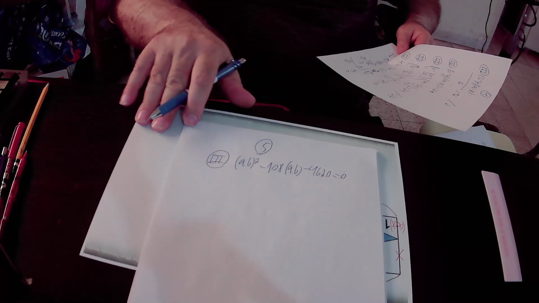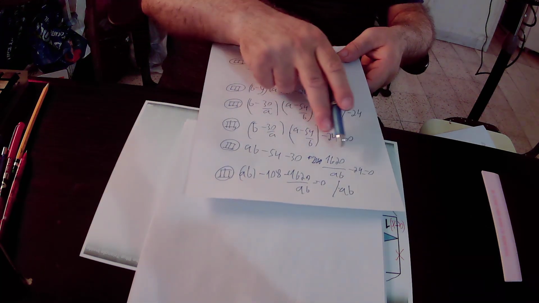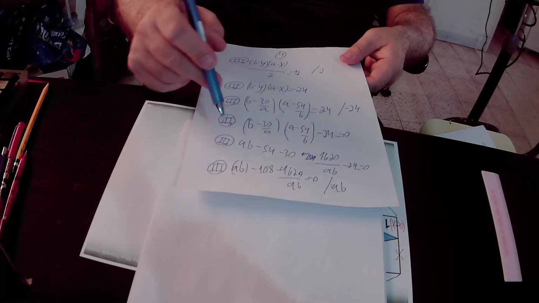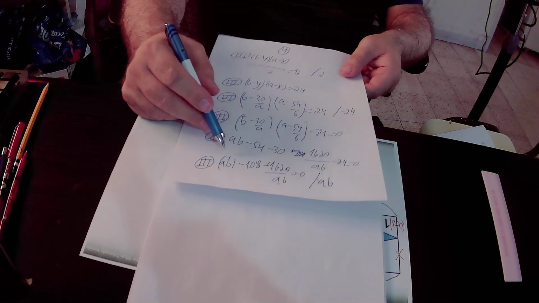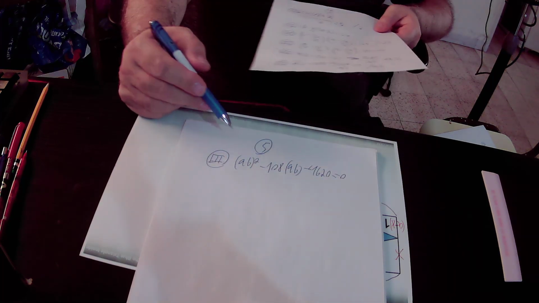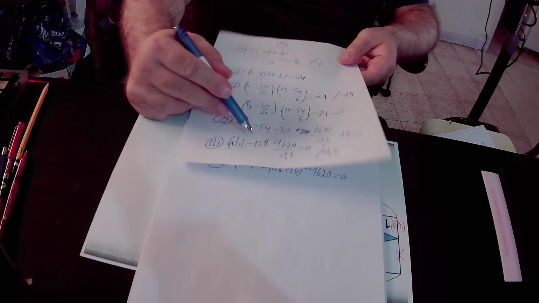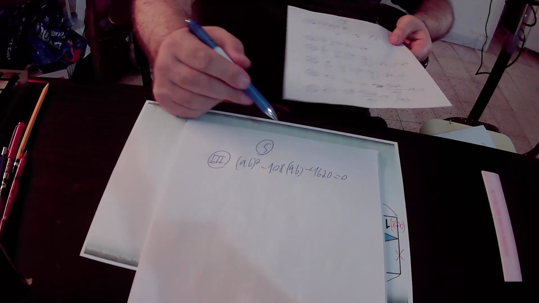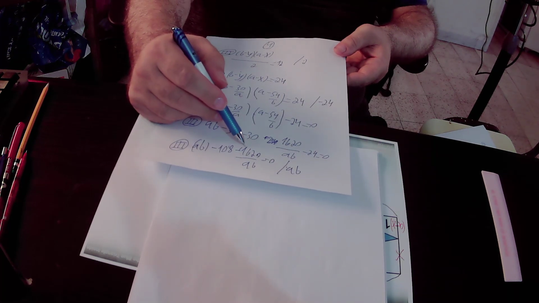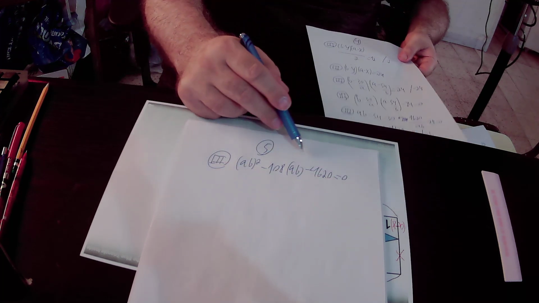So after we multiplied both sides of the equation by AB, we got that AB times AB equals AB squared. Negative 108 times AB equals negative 108 AB. And 1620 divided by AB times AB equals 1620.